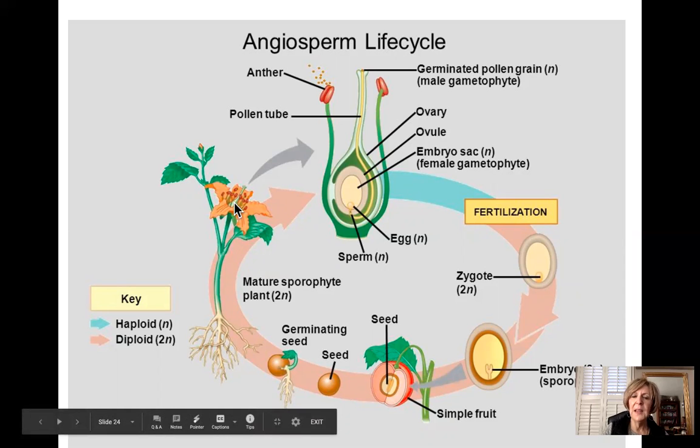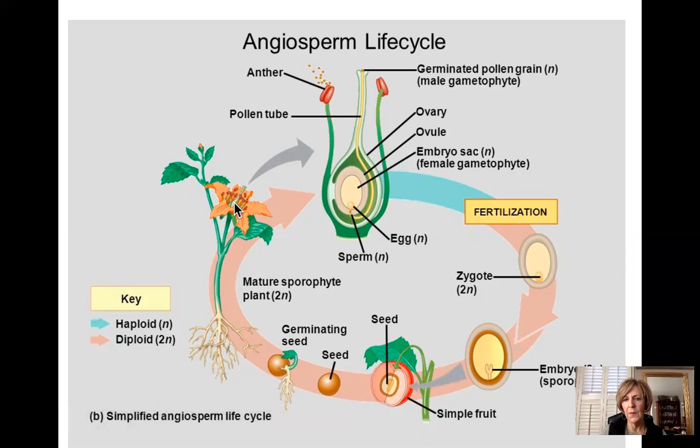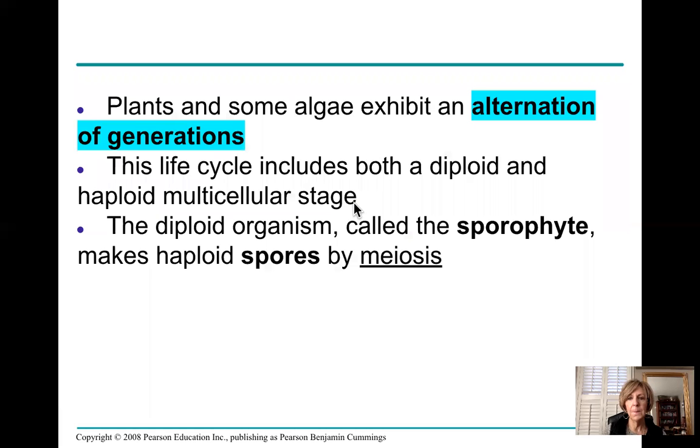But in the male and female part of the flower, I am producing gametophytes, which are going to be the N cells. So meiosis is occurring here to produce pollen, which is the male gametophyte, and meiosis is occurring here, which is the female egg or ovule.